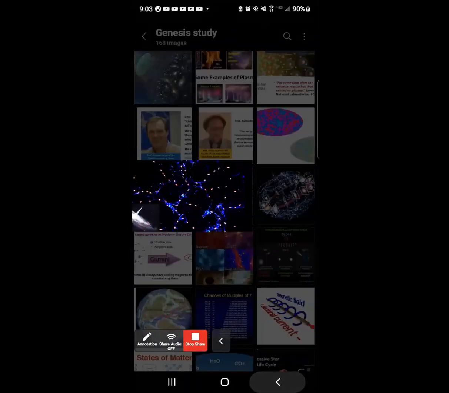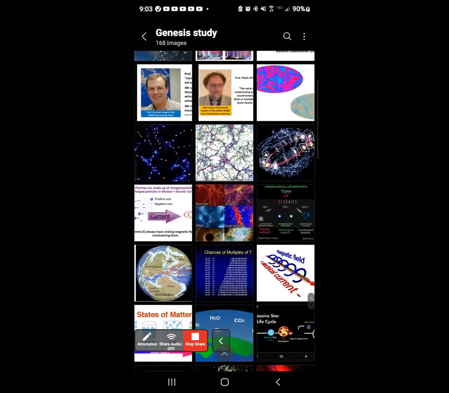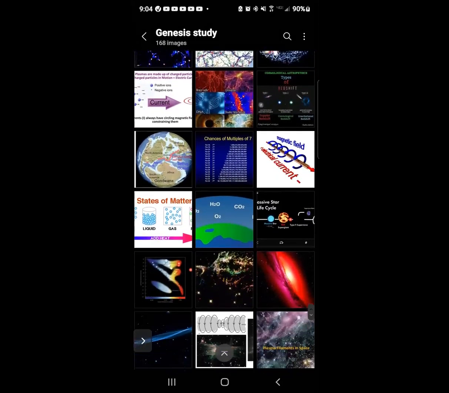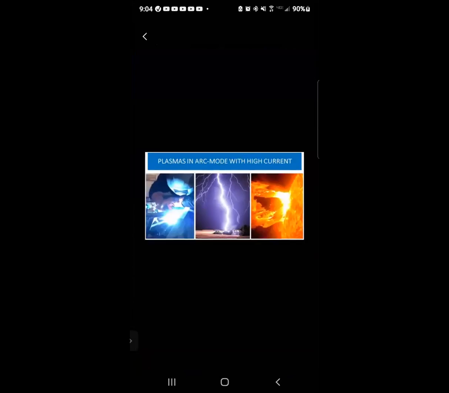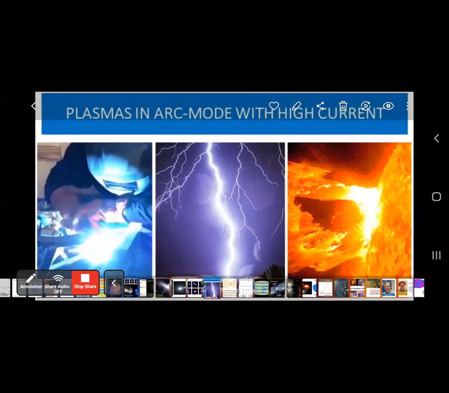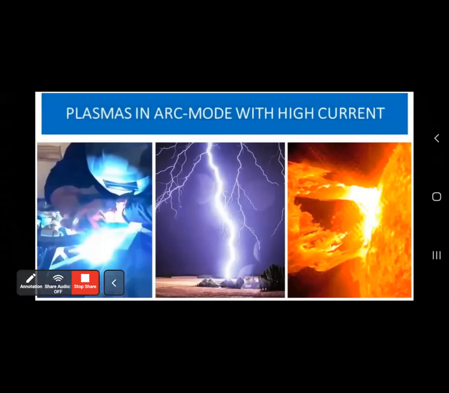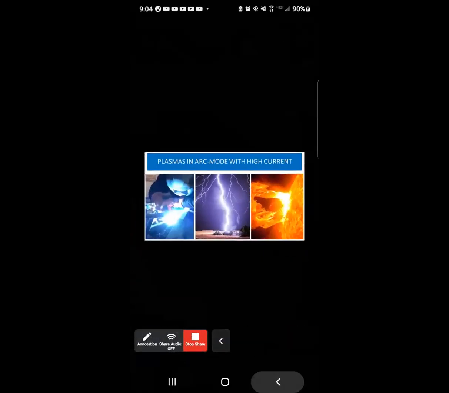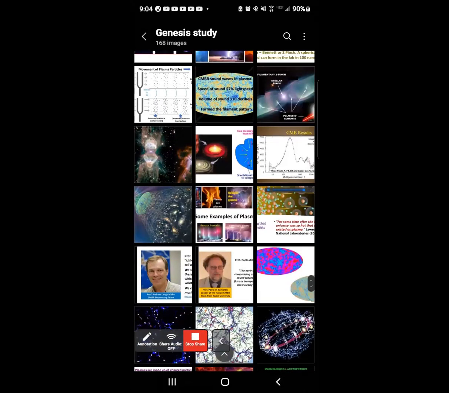So plasma has, hold on, let me get to the image. Plasma comes in basically three types of plasma. We have arc mode, glow mode. Here, let me go back. There's another image that I have that's a better analysis. So here you go.